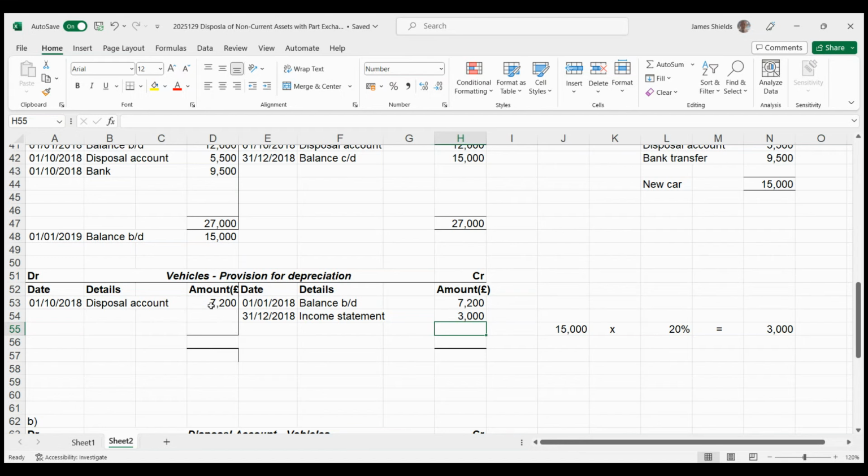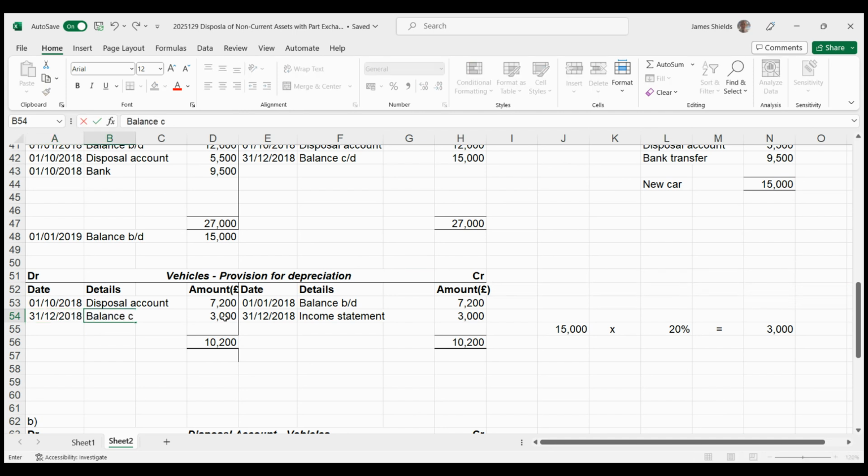Now again, we're going to balance our account. So the credit side is the largest total, it's 10,200. The debit side must be the same, and then the difference will be our balance carried down. So 10,200 take away 7,200 is £3,000. So that's going to be our balance carried down at the end of the year, the 31st of December 2018.